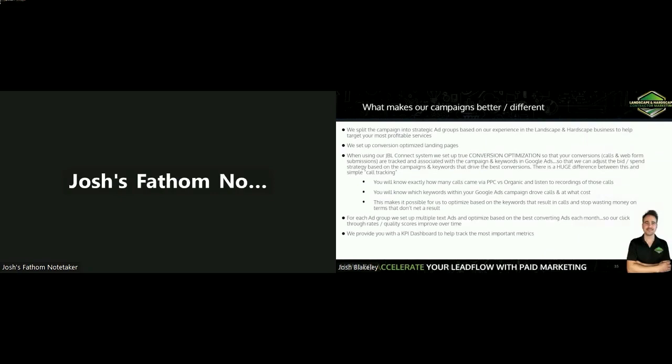And that allows them to see that true level of optimization, seeing what came through as sales and what the sale amount was, which means you can then look back and see what the true return on investment is, which is really the key part here. So I'm not going to spend too much time on that, but essentially the things we just talked about should be happening, and our JBL Connect system allows that to be put in place to determine that properly.